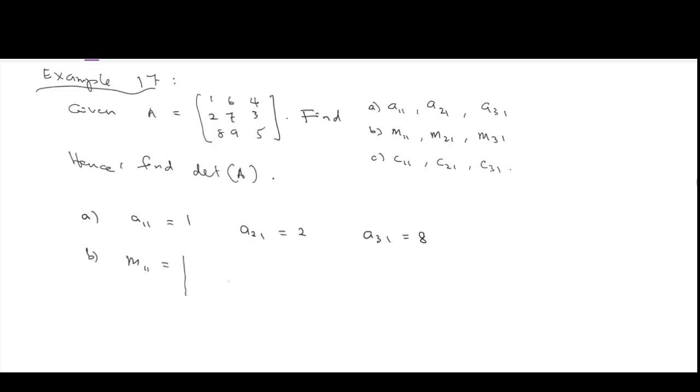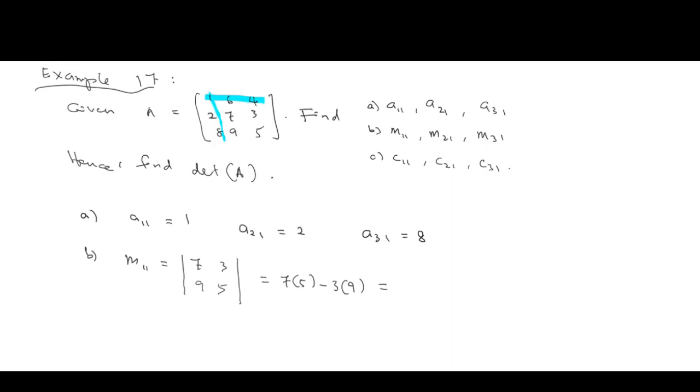Minor 1, 1 is the determinant of the 2 by 2 matrix, which we get by deleting the first row and the first column. So we have matrix 7, 3, 9, 5, which is equal to 7 times 5 minus 3 times 9. This is equal to 8.